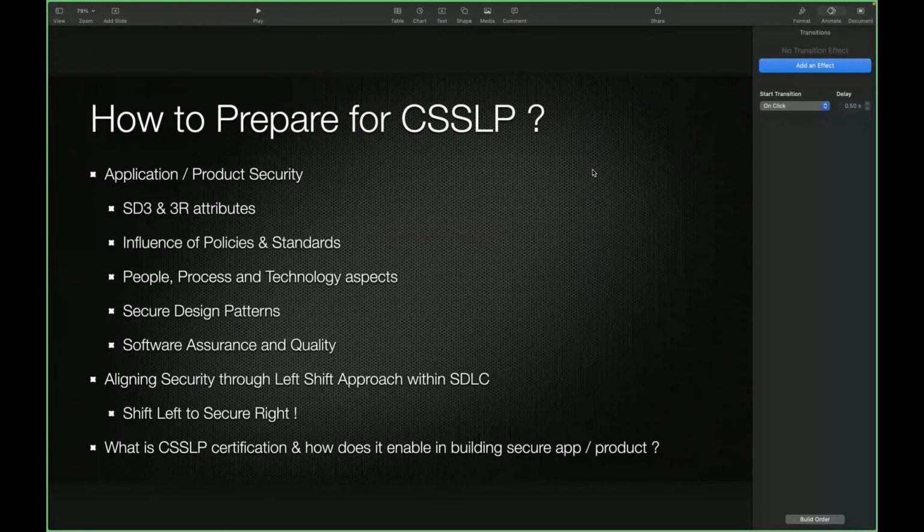And finally, domain 8 would touch upon the supply chain aspects of the software, because when you develop software, you would either rely on software from a third party, or from open source, or you would rely upon software which has been outsourced, right?